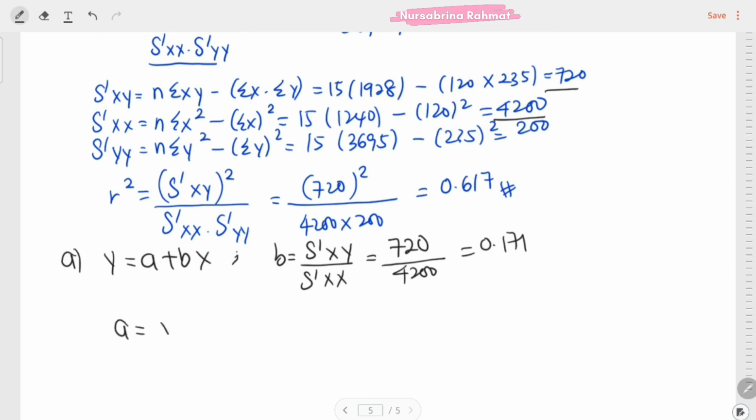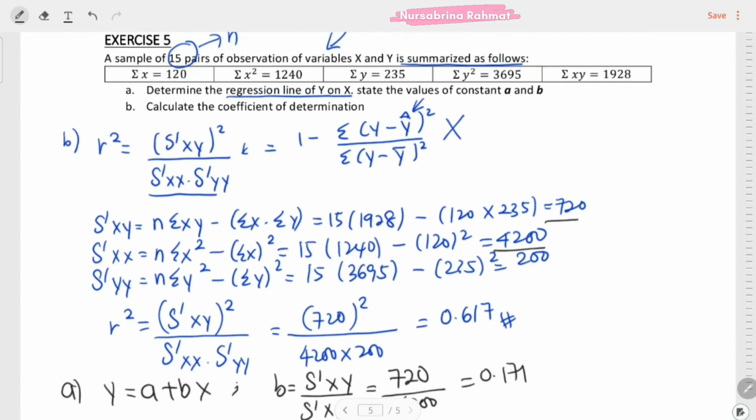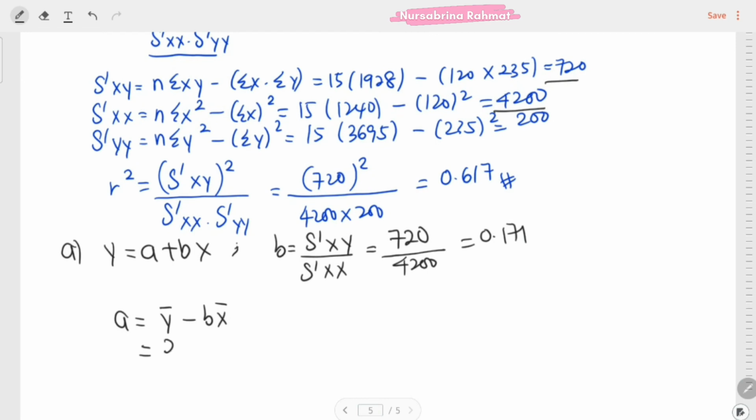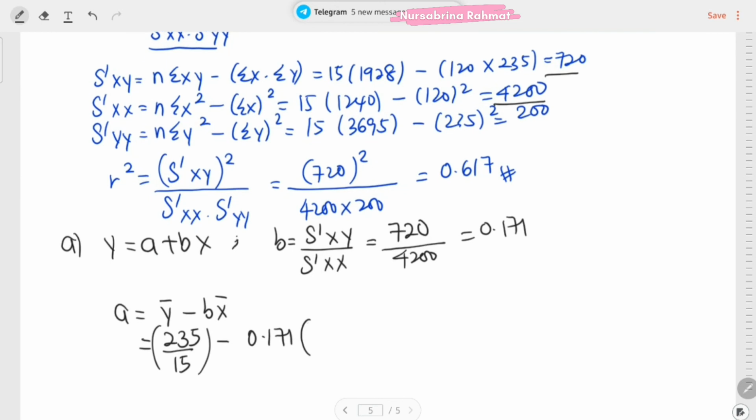Next we find our a. So a is y mean minus b times x mean. Your y mean, the sum of y given as 235 divided by 15, minus your b, 0.171, times the mean of x, where the sum of x is 120 divided by 15.